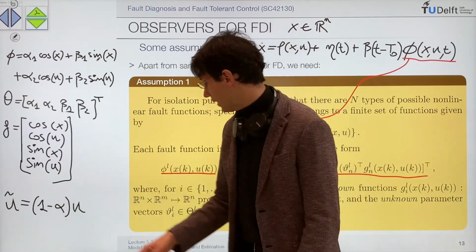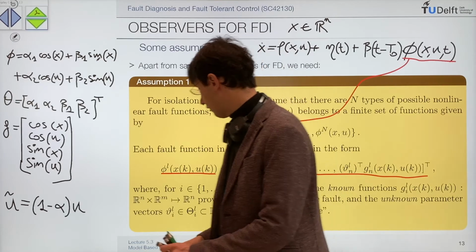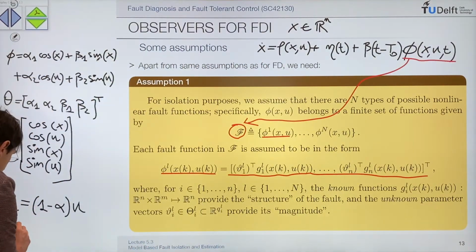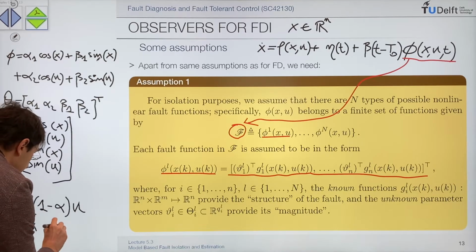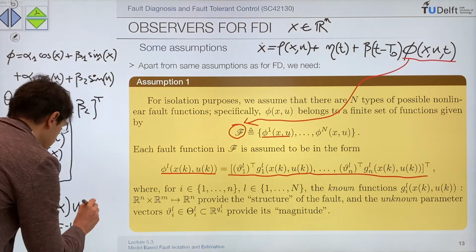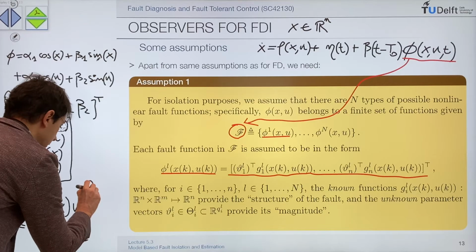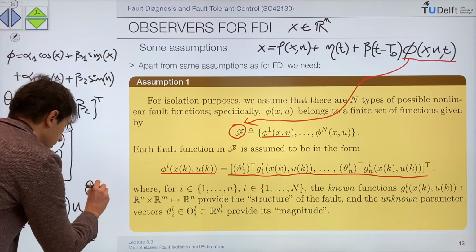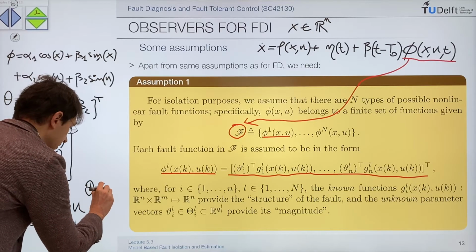So in this case, first of all, the parameter theta would be just alpha. The function g would be minus u. And this big theta would be the interval 0, 1.